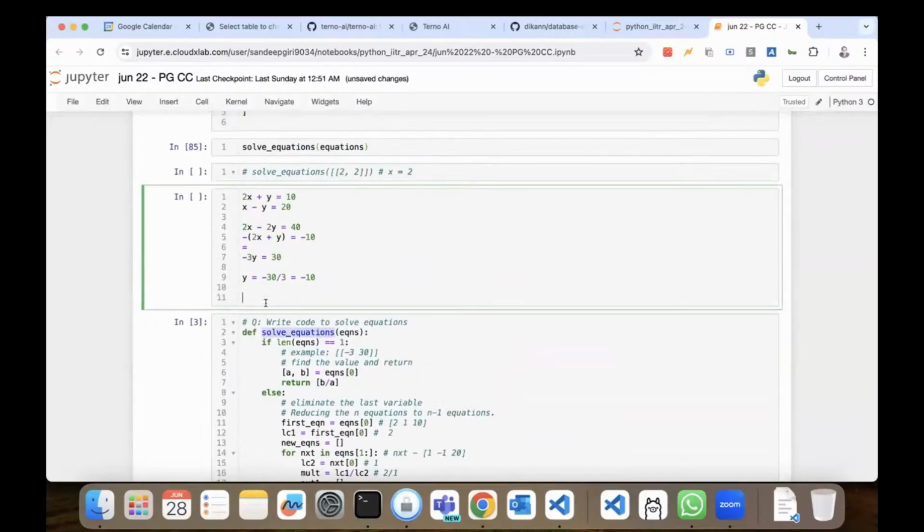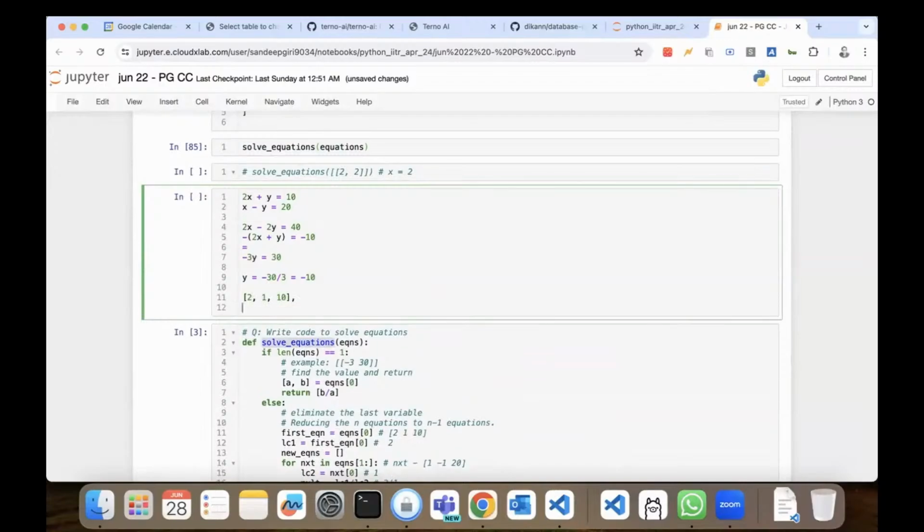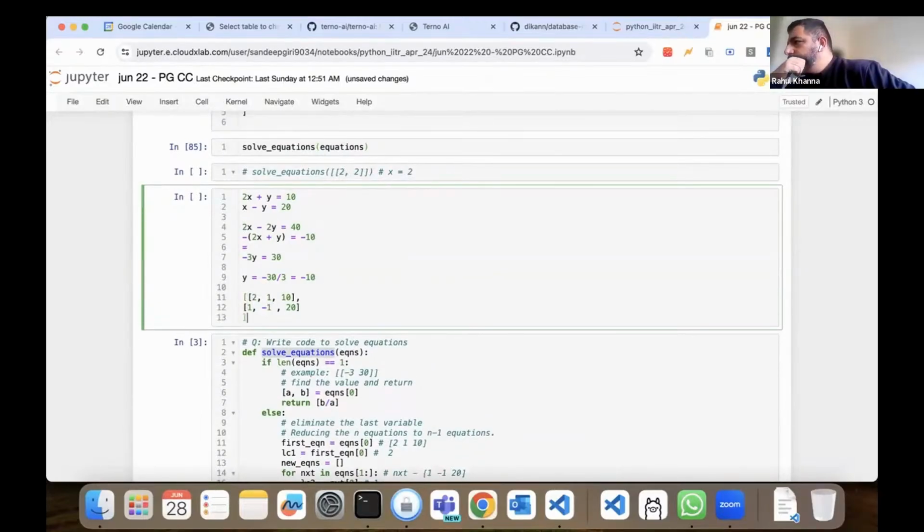Okay, let's see. How would you represent this problem? 2, 1, 10, right? And 1, minus 1, 20. Is this right? I'm representing these two equations like this, putting them in an array. And there we go.